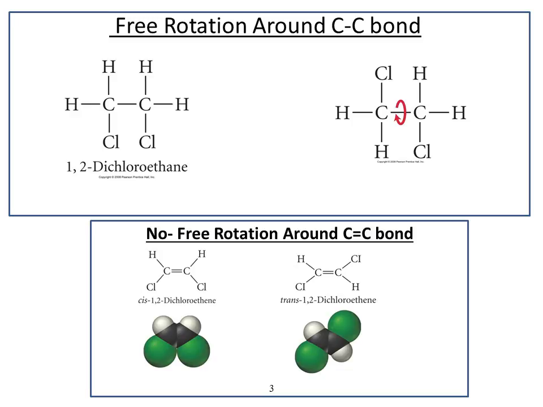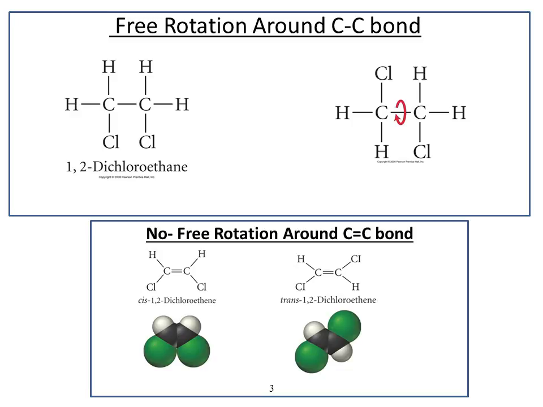They have the same number of carbon, hydrogen, and chlorine. But in one molecule both chlorines are on one side, and in the other the chlorines are on different sides. When the chlorines are on the same side, we call that cis, and if they are opposite, we call that trans.